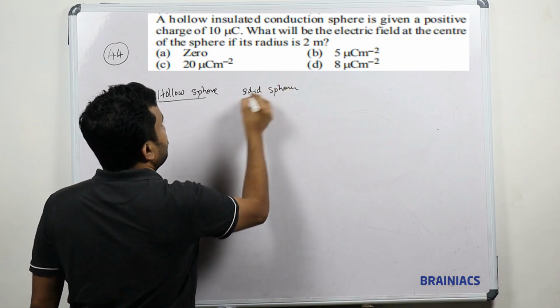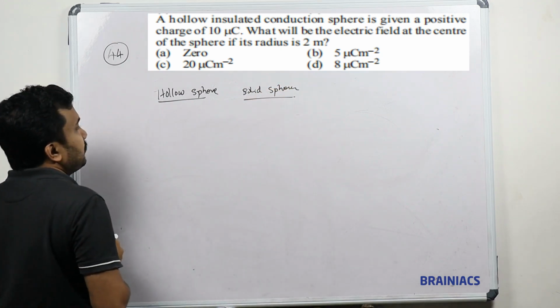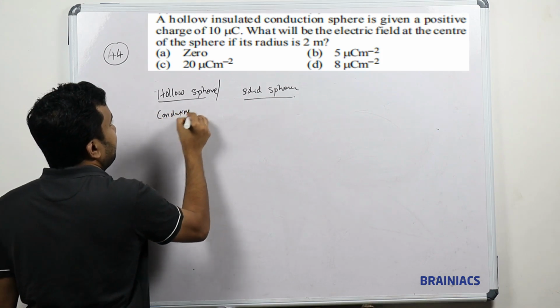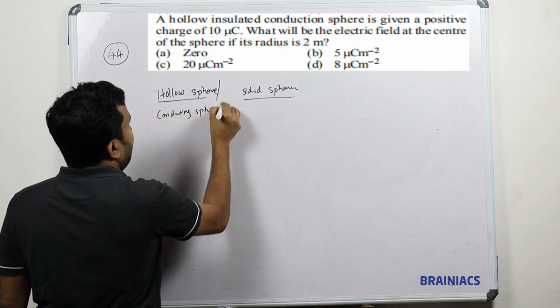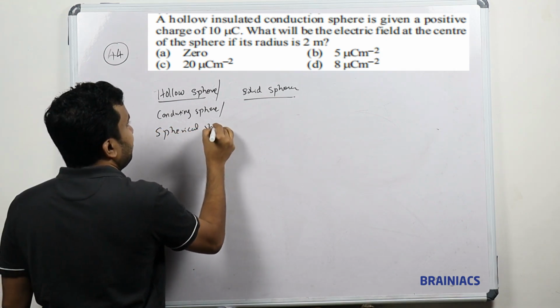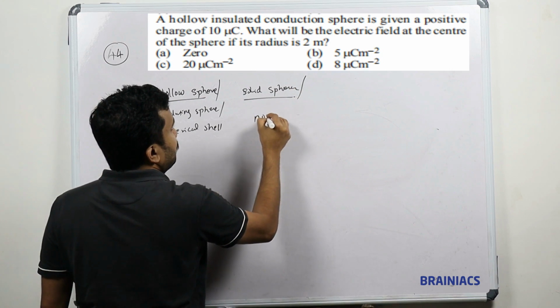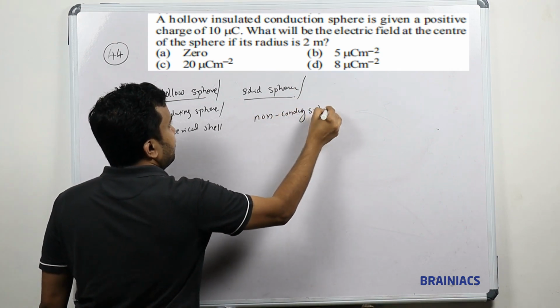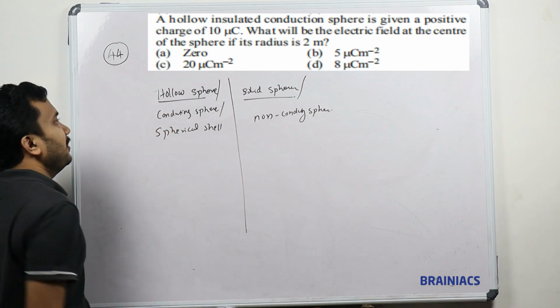For the hollow sphere, there are different names. Conducting sphere, and another name is called spherical shell. The solid sphere is also called a solid non-conducting sphere. These are the different names. So these two categories we have already seen.